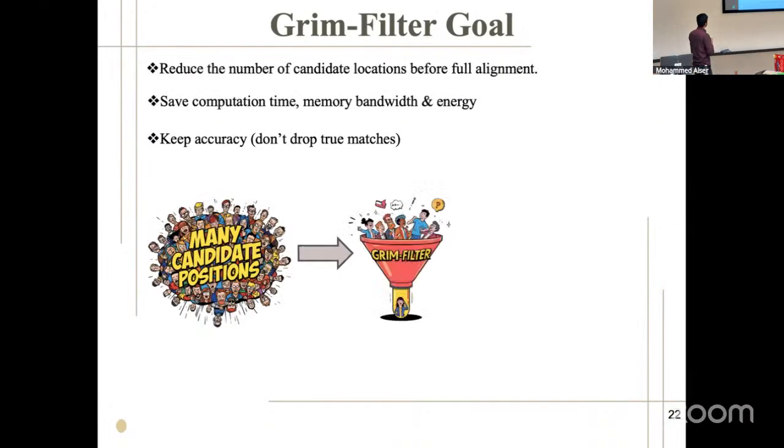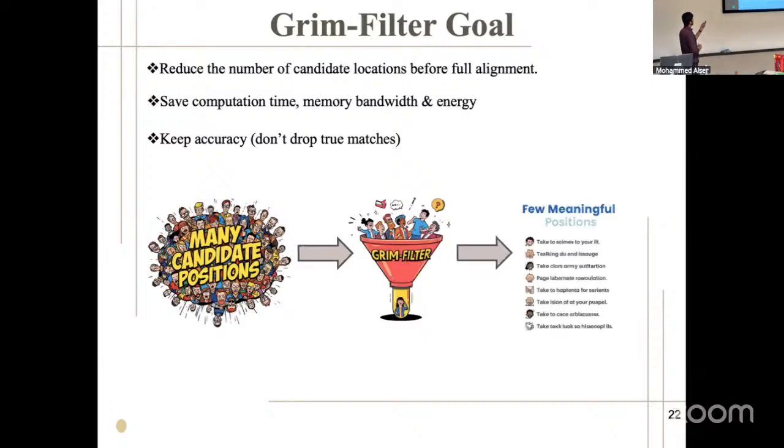Thank you, Jahin. Now we will move forward with our main contribution, which is GRIM-Filter. Jahin explained what read mapping is and how it works. While we perform read mapping, one small read doesn't come with a GPS tag, right?